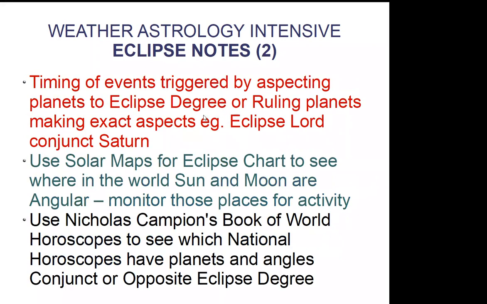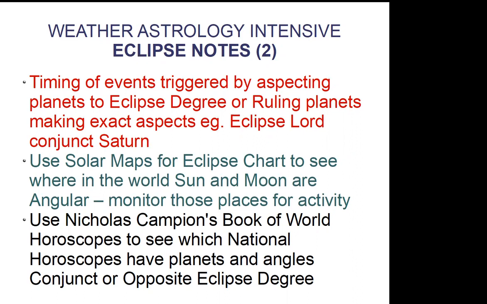Timing of events is triggered by aspecting planets to the eclipse degree or the ruling planet, in other words, the eclipse lord. So you look and see if your eclipse is in Pisces, your eclipse lord is Jupiter. There's one exception. Let's just take a new moon, solar eclipse in Pisces, it's going to be ruled by Jupiter.